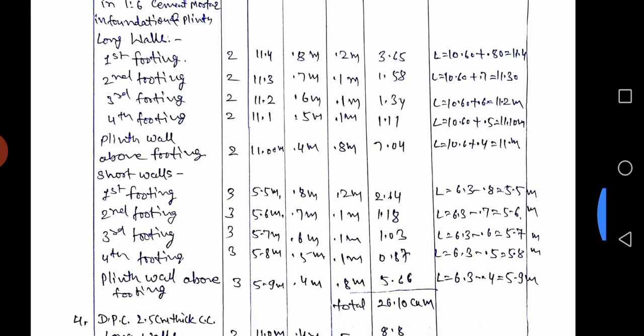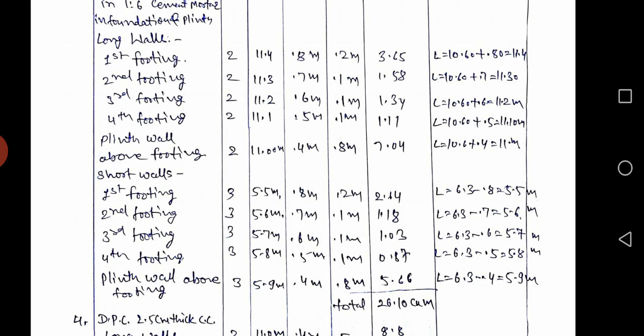Then we calculated short wall. In short wall, first footing, number of footings is 3 because the number of short walls is 3. Then the length equal to 6.3 minus 0.8, 0.8 is the width, equal to 5.5 meter. 5.5 meter, 0.8 is width, 0.2 meter is height or depth.